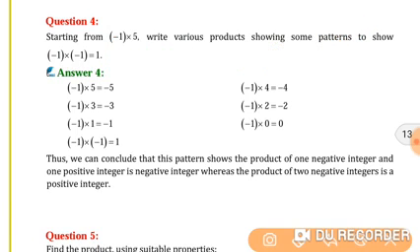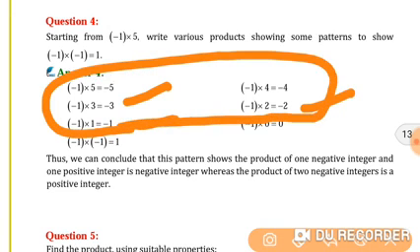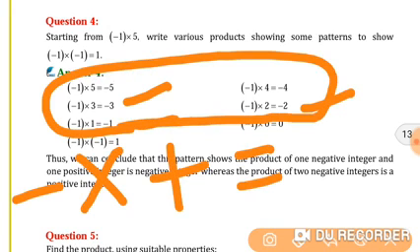So 1 fours are 4, minus sign. Then 1 threes are 3, -3. If you take 2, -2 you get. If you take 1, -1 you get. See, in all these cases, what is the conclusion? One integer is negative, one integer is positive, it always gives a negative integer itself.